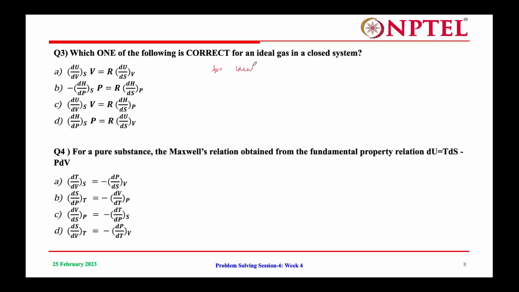For an ideal gas, PV is equal to RT, right? So here the options... From the fundamental properties, dH is equal to T dS plus V dP and dU is equal to T dS minus P dV.